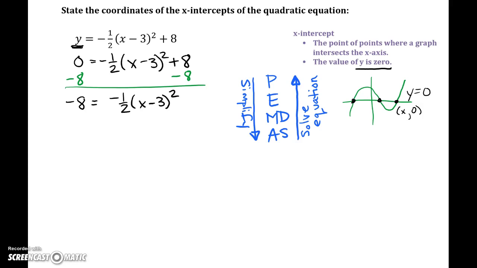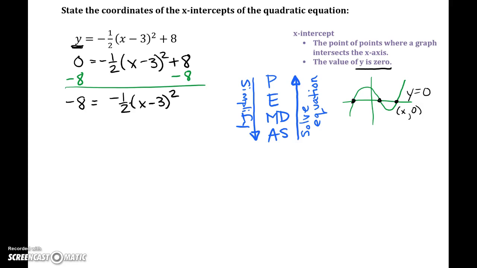Now, going through my order of operations in reverse, I don't have any more addition or subtraction I can take care of. So now I'm going to move on to multiplication and division. I notice that I'm multiplying right here by -1/2. Now I could divide by -1/2, but dividing by fractions kind of looks funny.